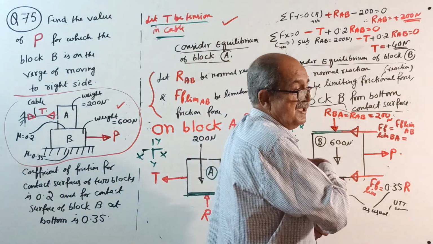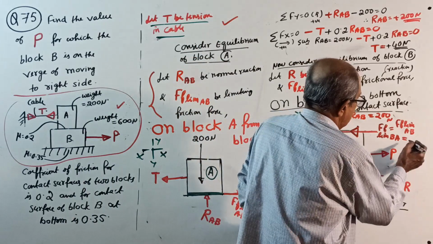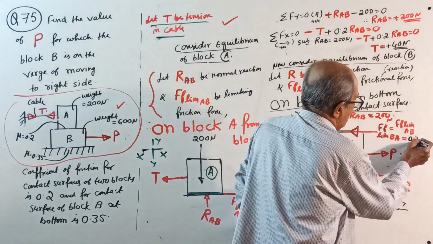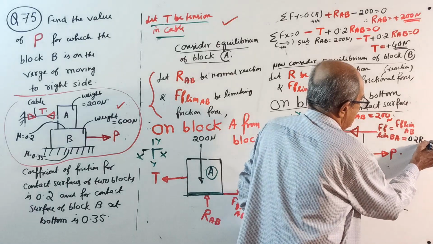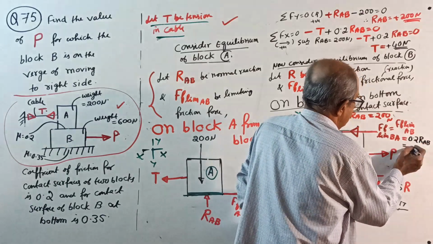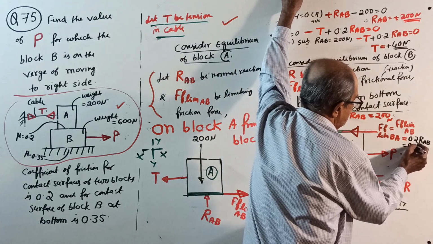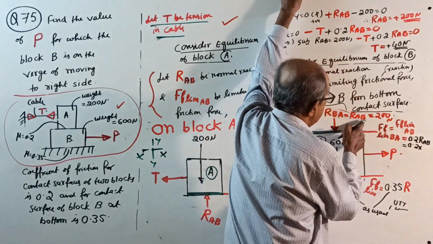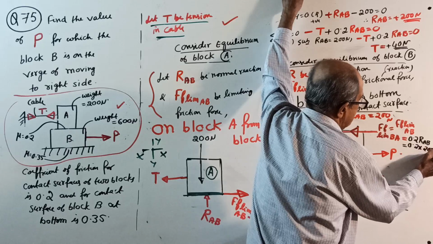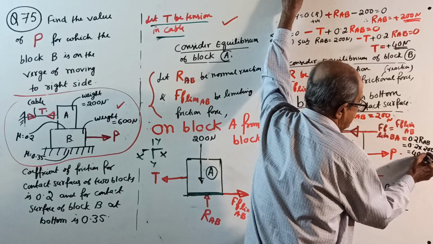Space problem is there. I write here, 0.2 times RAB, where RAB is 200, equal to 40 Newton.